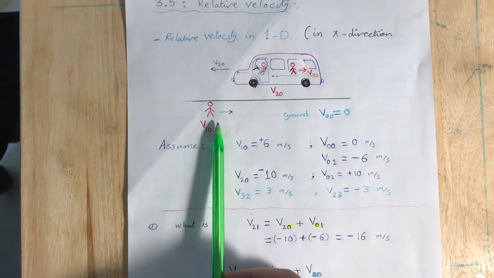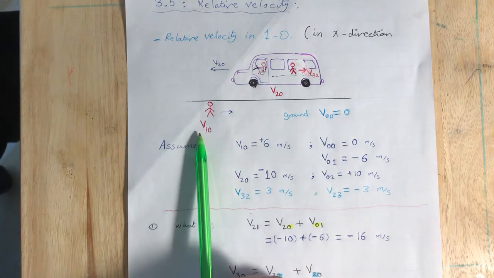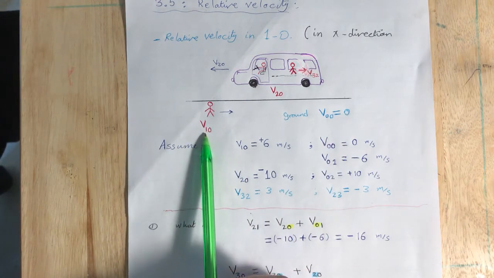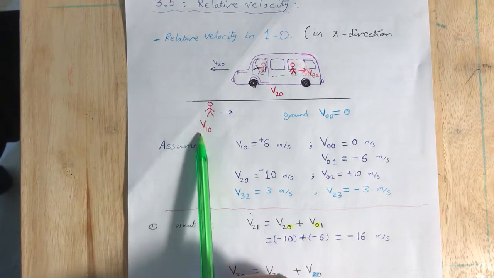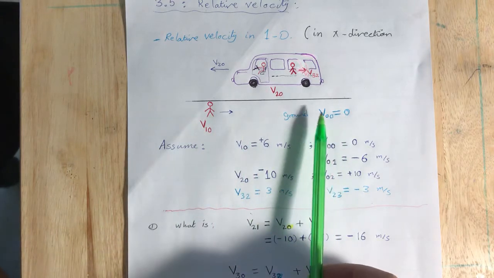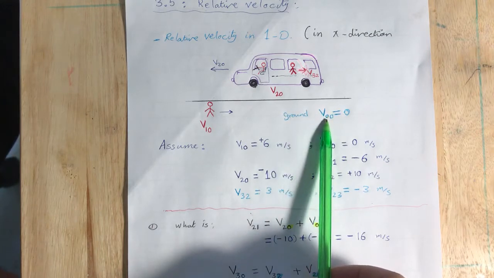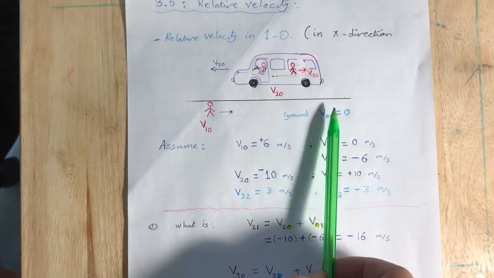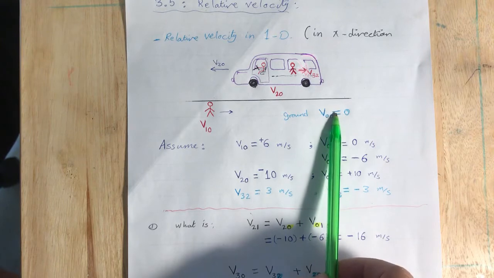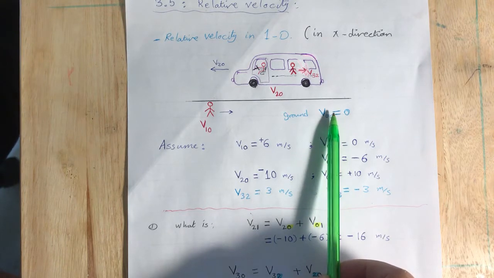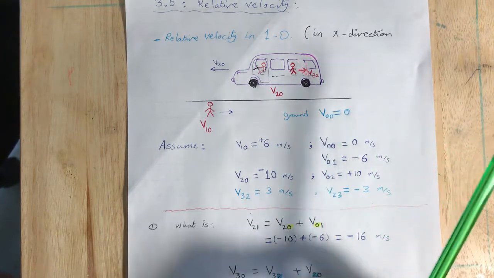For the person on the ground, its velocity is v1 because its number is 1. The ground is numbered as 0, so its velocity is v0. But I need to find a reference at the beginning.